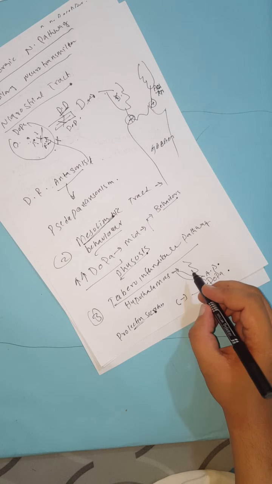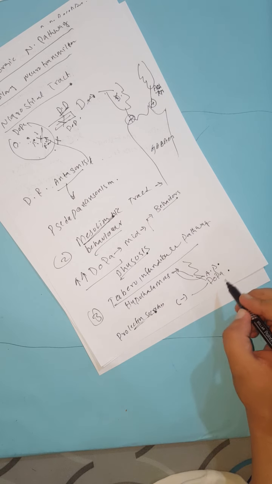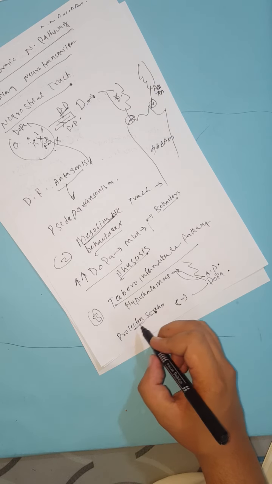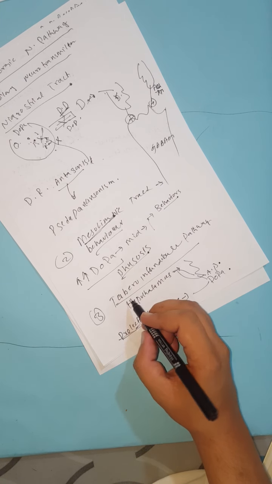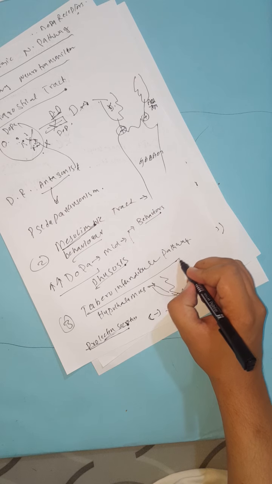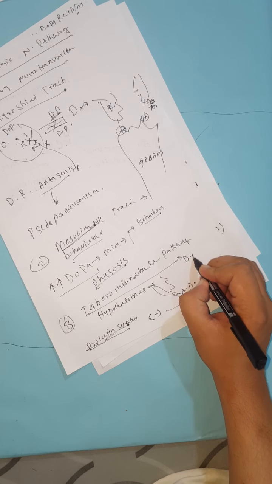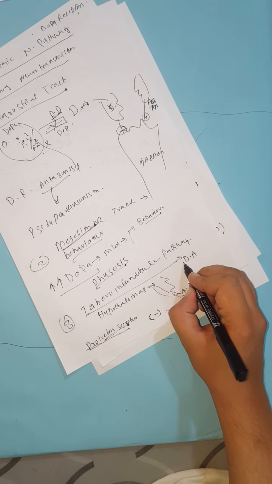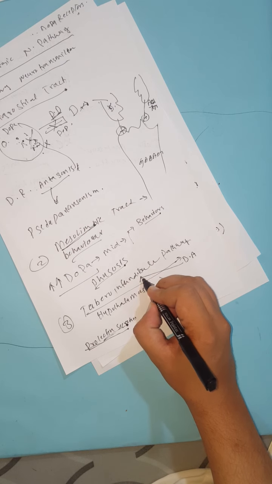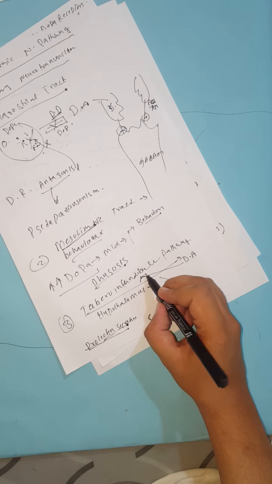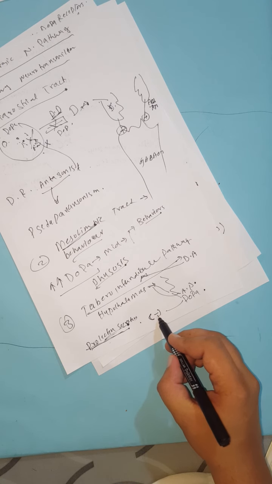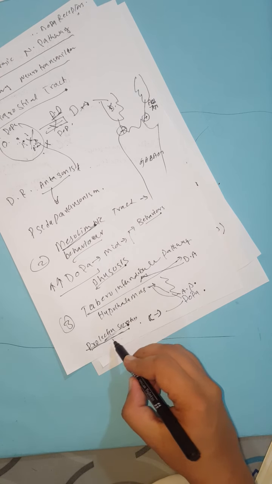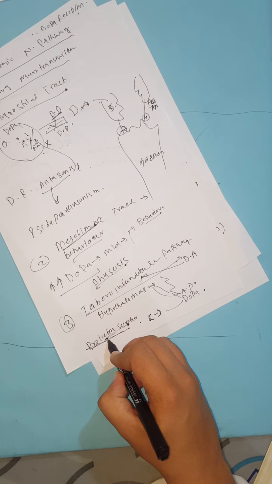If there is deficiency of this dopamine, there is no inhibition of the prolactin level and hyperprolactinemia occurs. So we use dopamine agonists to restore the tuberoinfundibular tract and prevent high prolactin level with the help of dopamine.